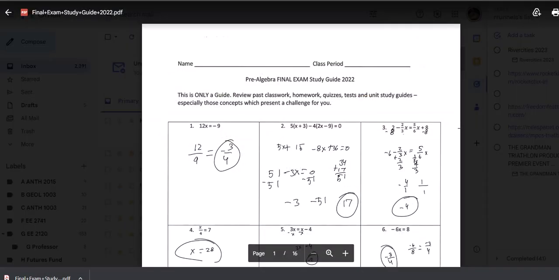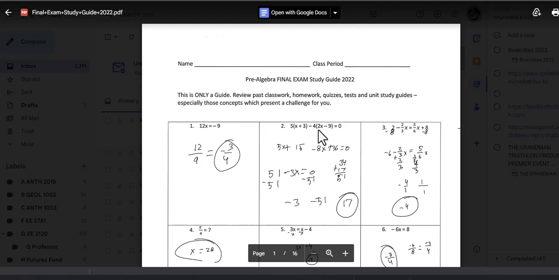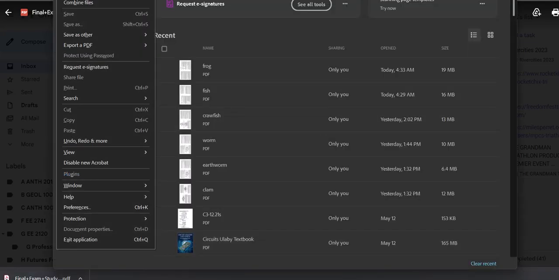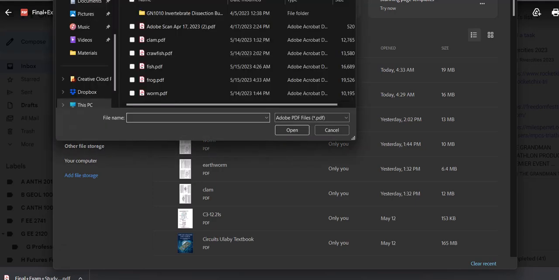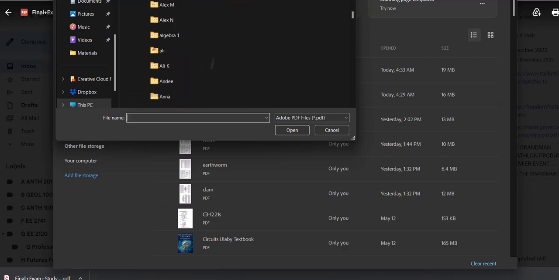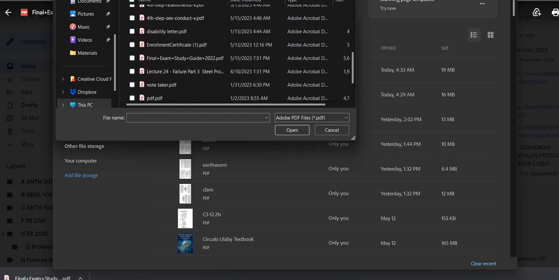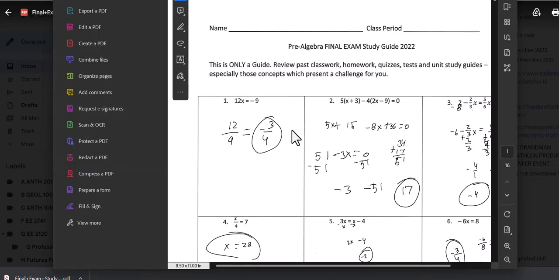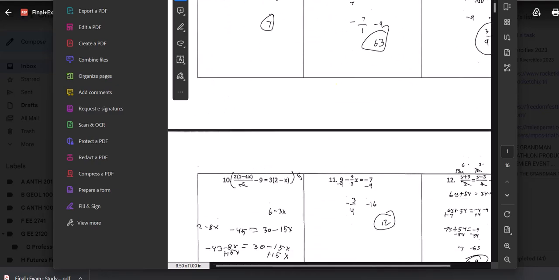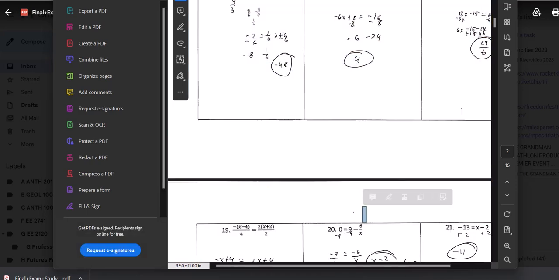Let's see. In the 2023 folder. Come on, computer.